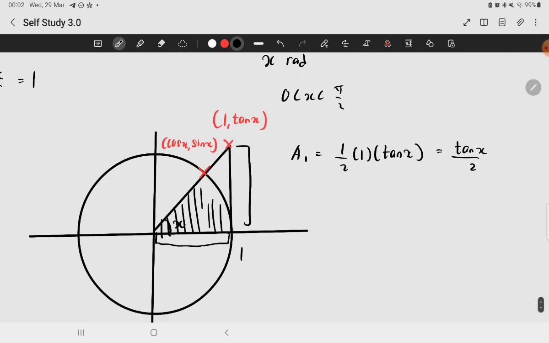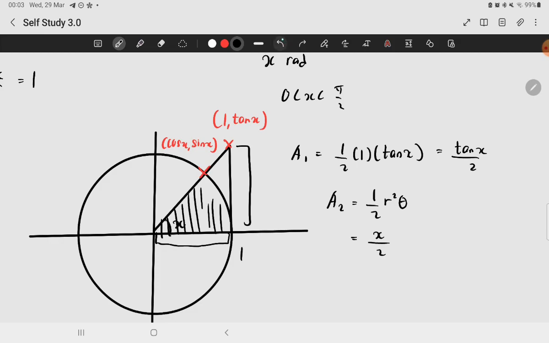Therefore, we'll be using the formula for sector, which is A2 is equal to 1 over 2 r squared theta. So our theta will be x and our r will be 1 because the radius is 1. Therefore, we will obtain x over 2. So that will be our second area.